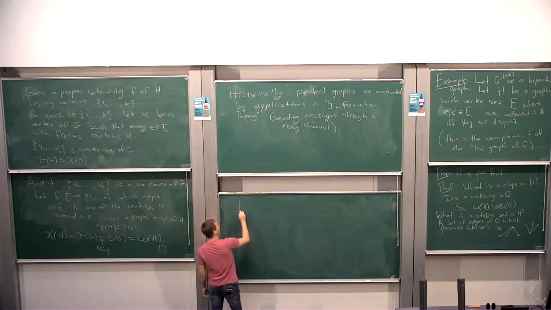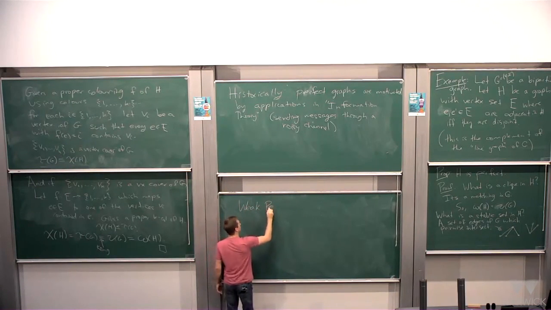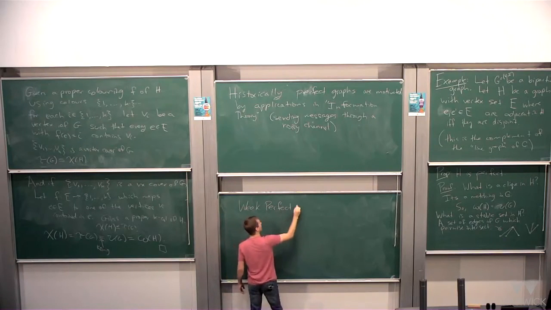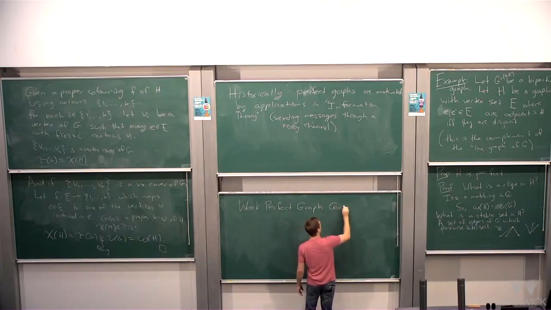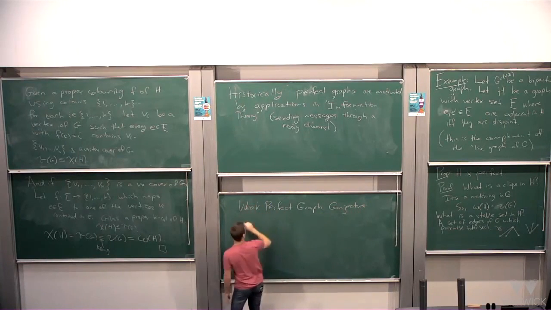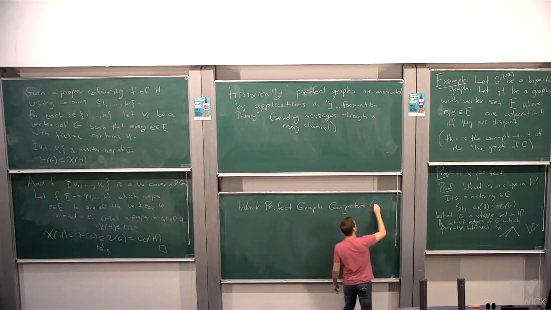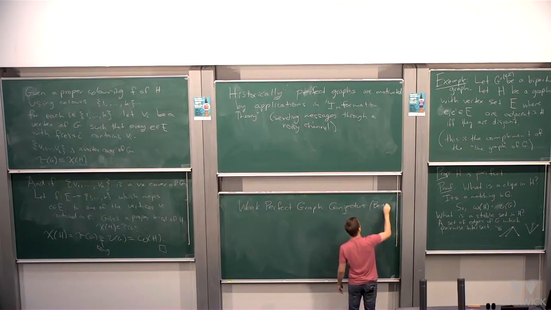So two conjectures which are now both theorems. One was called the weak perfect graph conjecture. Both of these conjectures are due to Berge, who is the person who introduced them.